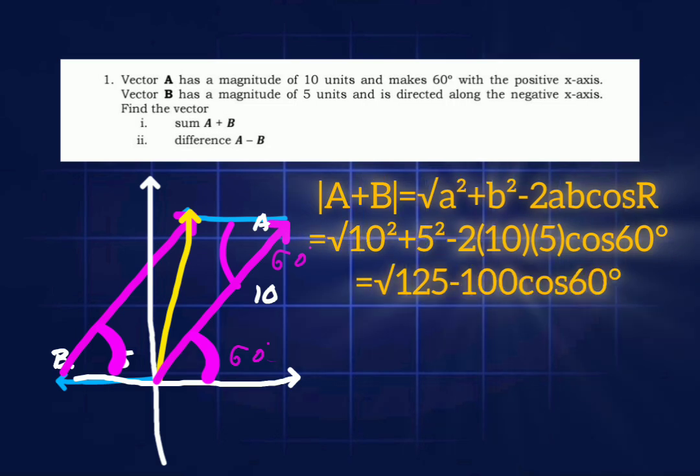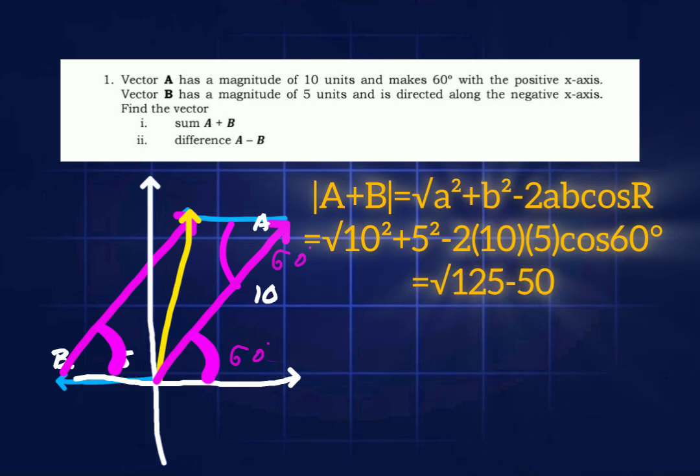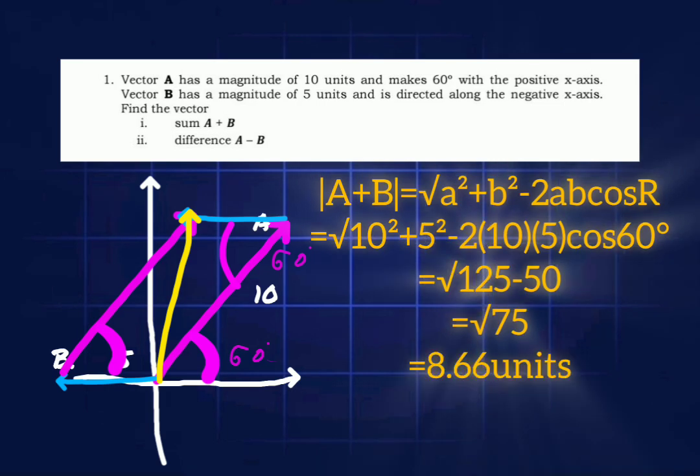The cosine of 60 is 0.5 or 1 over 2, and half of 100 is 50. So that's 125 minus 50, which is 75. If you plug that into a calculator, it's approximately 8.66 units. That is the modulus, or the length, of A plus B.